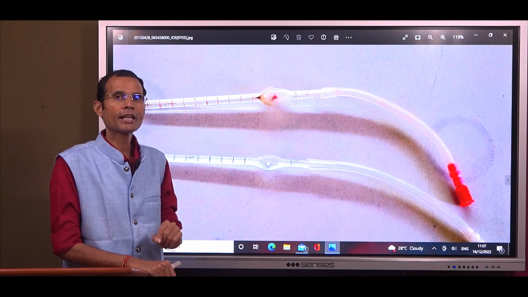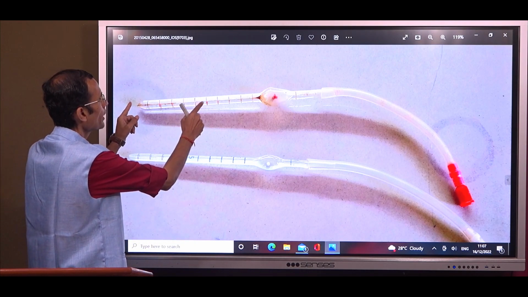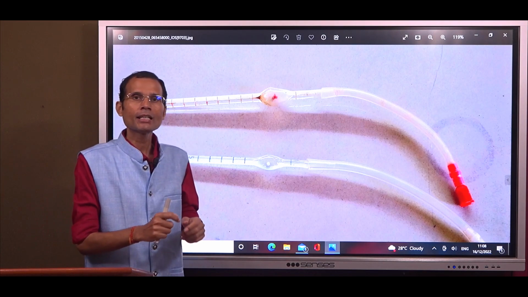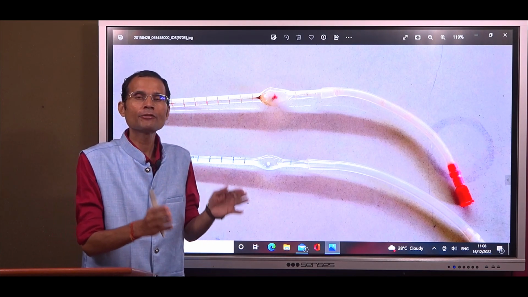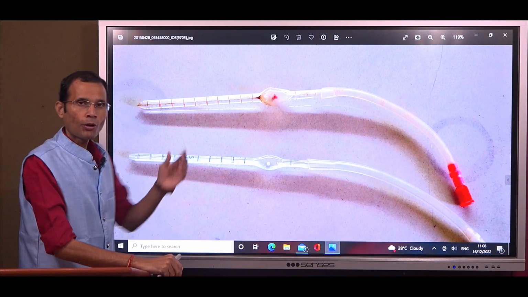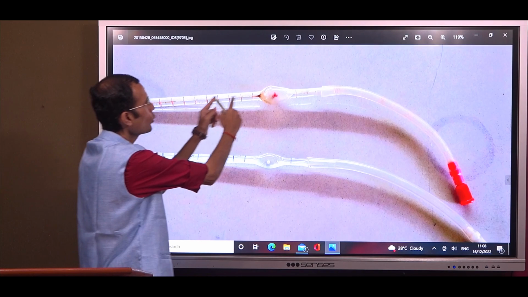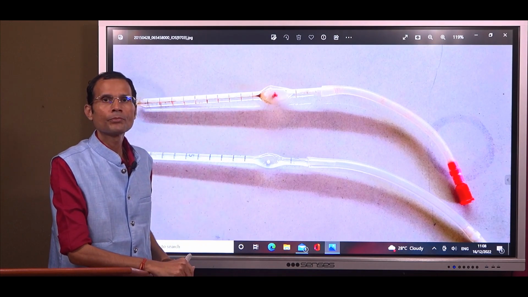Mark this procedure carefully. We take the blood up to the 0.5 mark in the pipette, and then immediately we start taking the diluting fluid.